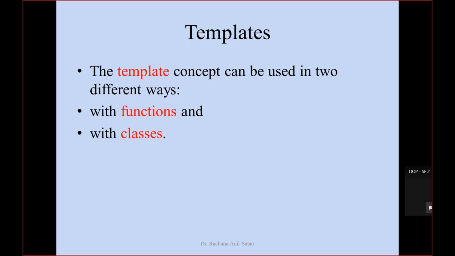Similarly for sorting also, you will take one integer array, you perform the sorting in ascending order, and you will display whatever output is required for that particular program. But it will work for integer values only, right? So if I change the statement so that it should work for all types of numbers, that means it should work for integer, it should work for float, it should work for double.